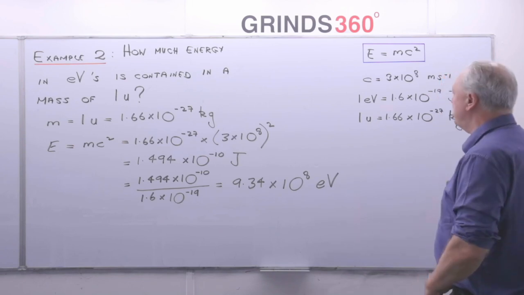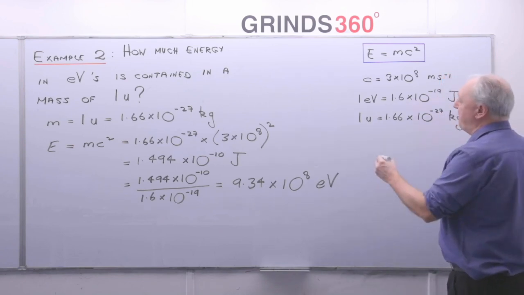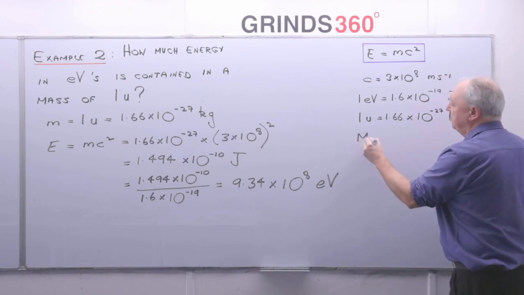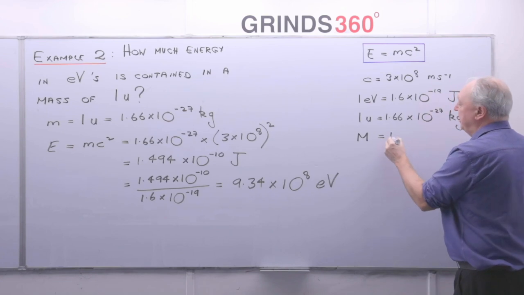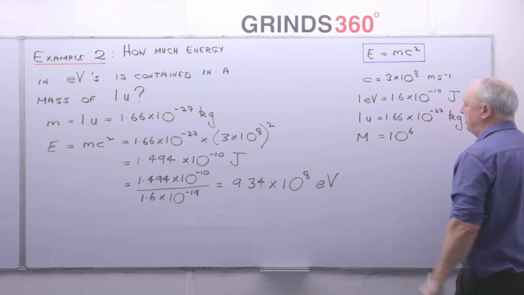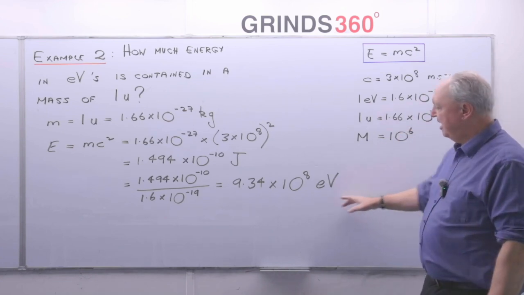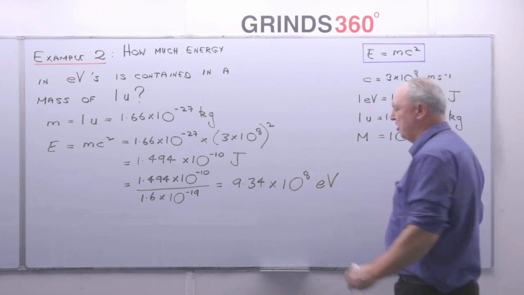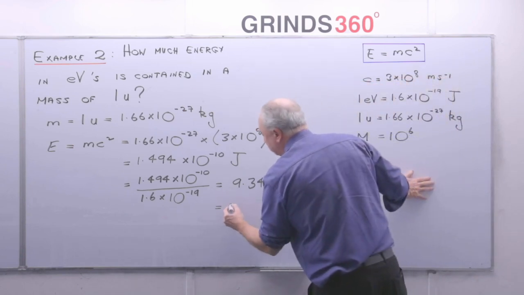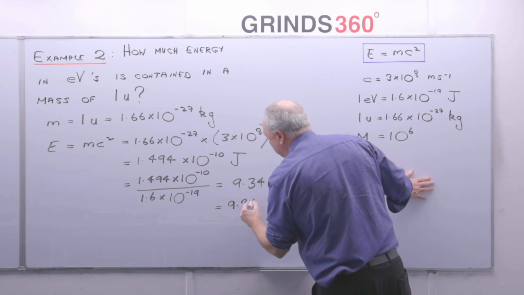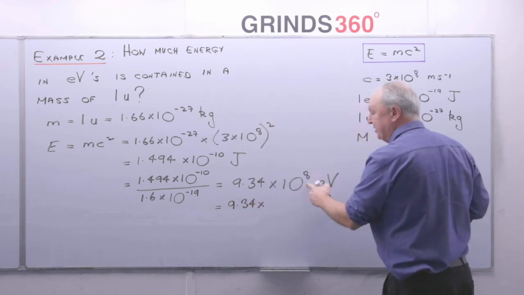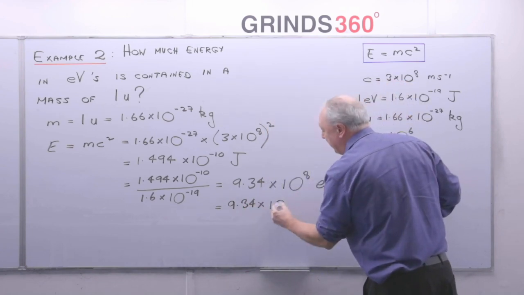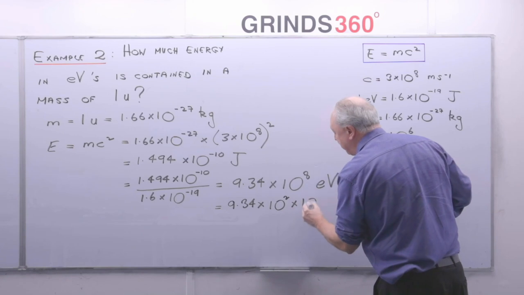We're going to use a prefix called a mega. Mega, you've seen before, is the prefix for 10 to the power of 6. I'm going to take a 10 to the power of 6 out of that. So I'll do it slowly. So that's equal to 9.34. I'm going to break that up into 10 squared by 10 to the power of 6.